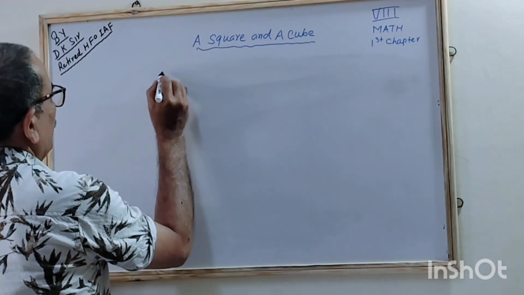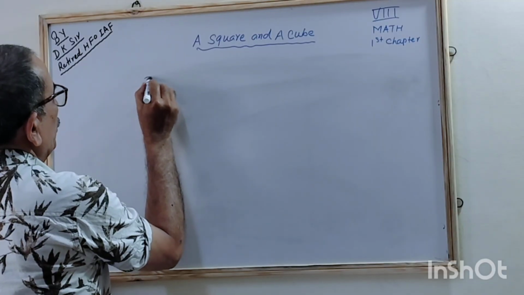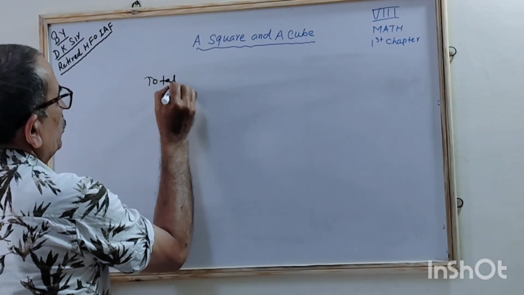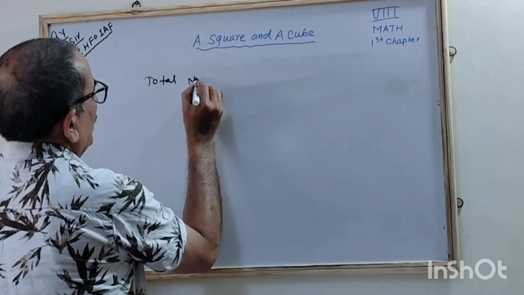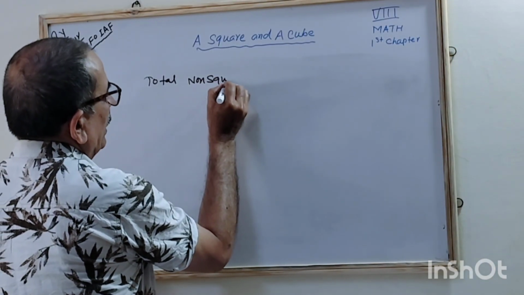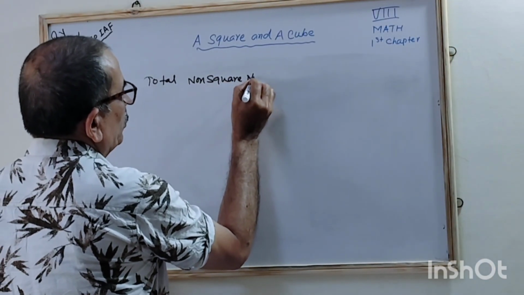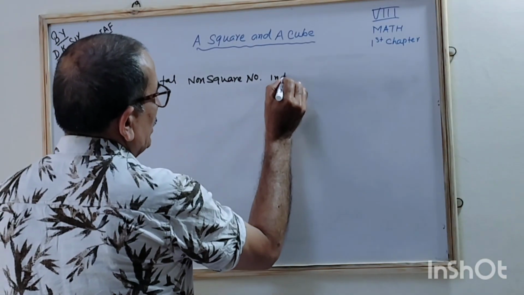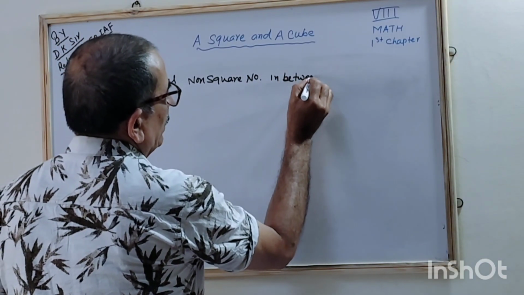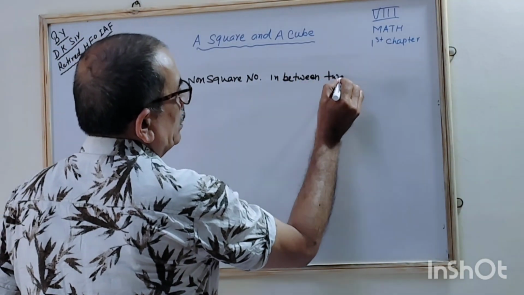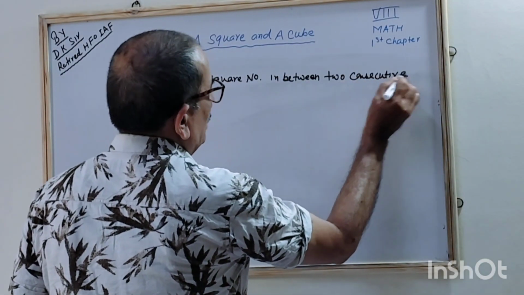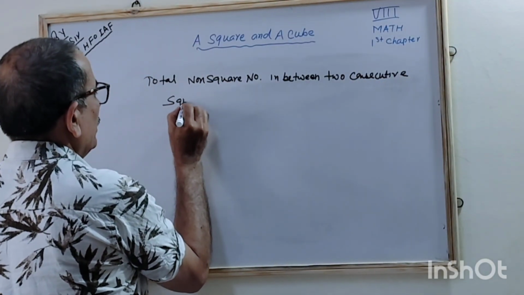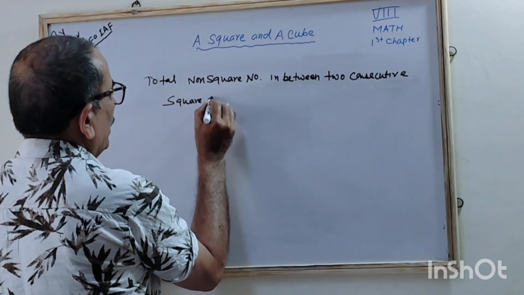So the question is, what will be the total non-square numbers in between two consecutive, consecutive means one after another, square numbers, correct?